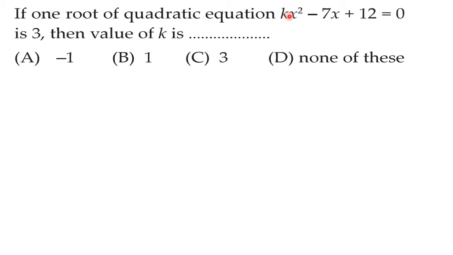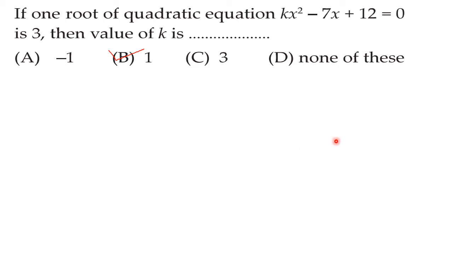Here you will get minus 7 into 3, that is minus 21, plus 12 is equal to 0. Now 21 and 12 you can subtract. So you will get 9k minus 9 is equal to 0. That means 9k is equal to 9, and from that the value of k you will get as 1. So option B is the correct option, that is 1.